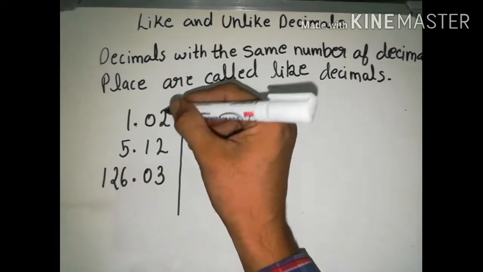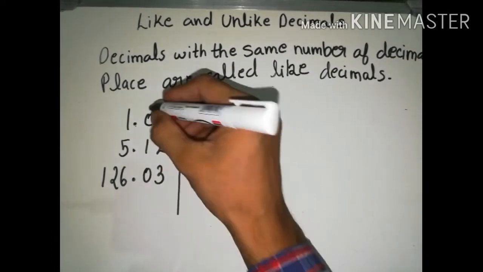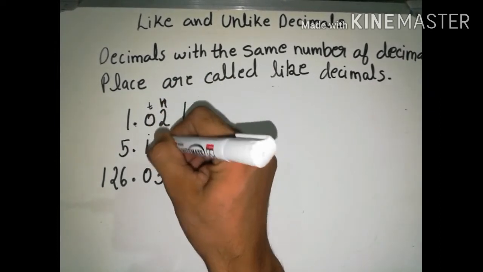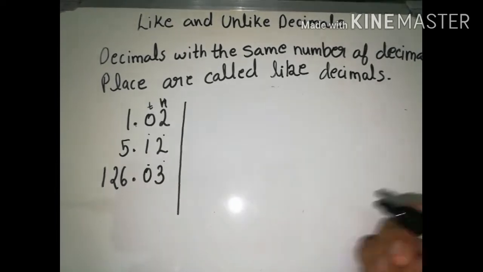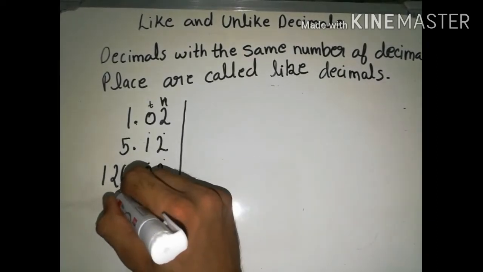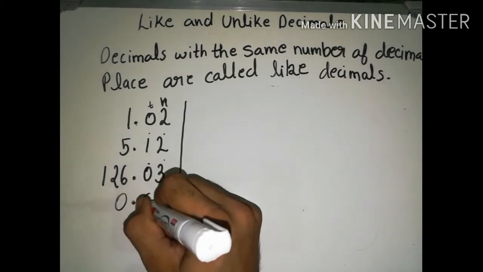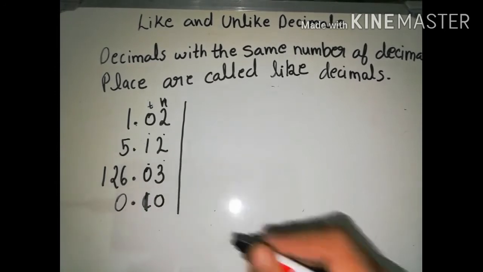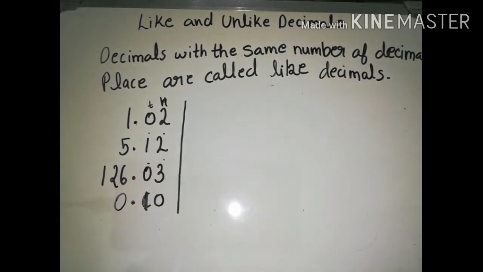Because after the decimal they have an equal number of places, tenths and hundredths, tenths and hundredths, tenths and hundredths. So they are like decimals. One more I am writing, 0.10, that is also a like decimal.